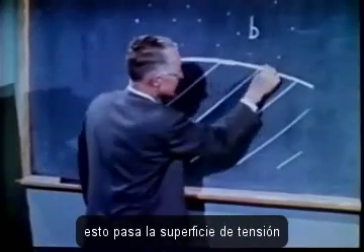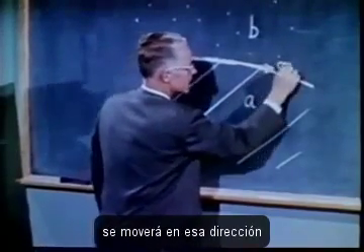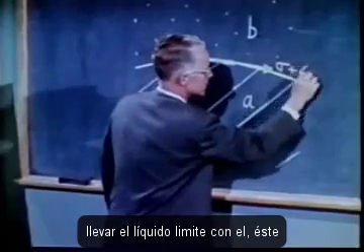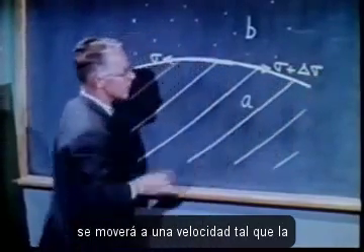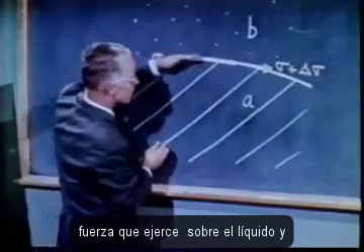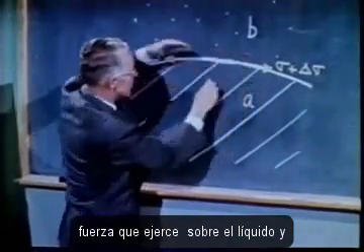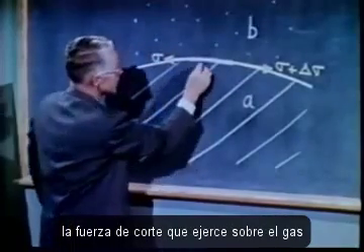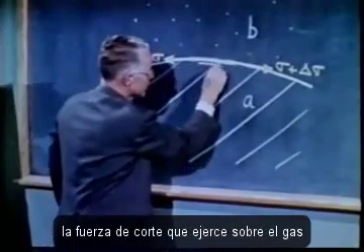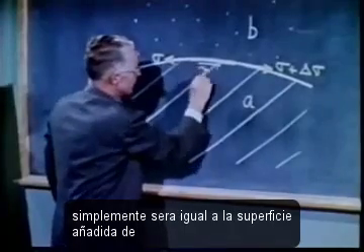If it is, then the surface will move, and it will move in that direction, carrying the boundary fluid with it. It will move at such a velocity that the shear force it exerts on the liquid and the shear force it exerts on the gas will just equal the added surface tension.